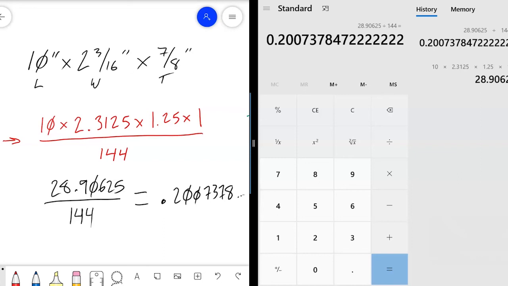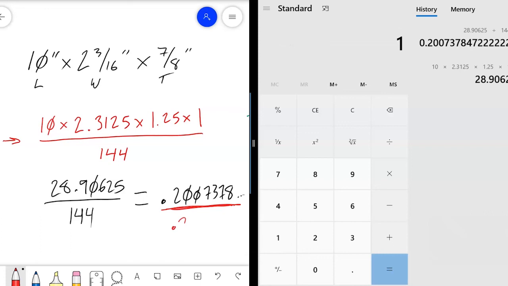When we make our calculations, we are always going to round our answers to 2 decimal places. So the correct answer for the number of board feet in this material is 0.20, and it's board feet. The label for board feet is just BF. So this is our correct answer right here, 0.20 BF.